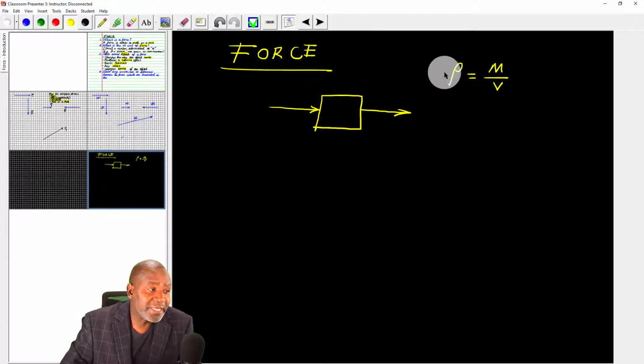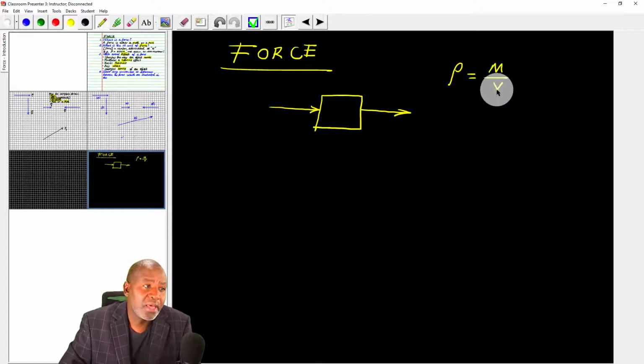For me to define density, or for me to start talking about density, I must have talked about mass and volume. And indeed, you find that mass is a basic physical quantity, volume is a derived physical quantity. It is derived from length. When you multiply the length 3 times, and these lengths are mutually perpendicular to each other, as it happens in the case of a cuboid.